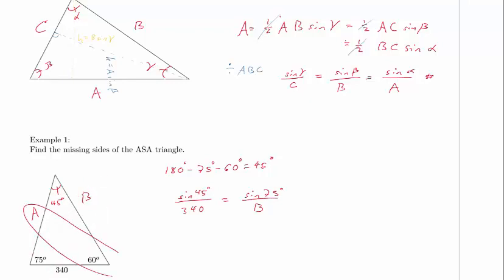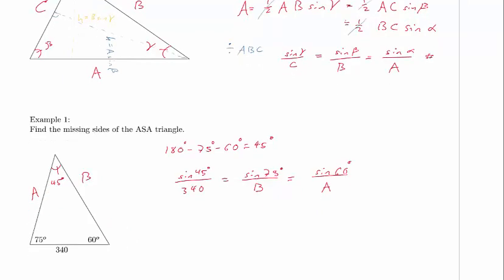And then we look at this next one, sine of 60 degrees divided by our unknown side a. Alright, so keep in mind this represents two different equations. This guy equals this guy, and this guy also equals this guy. And so we'll solve them independently of each other.